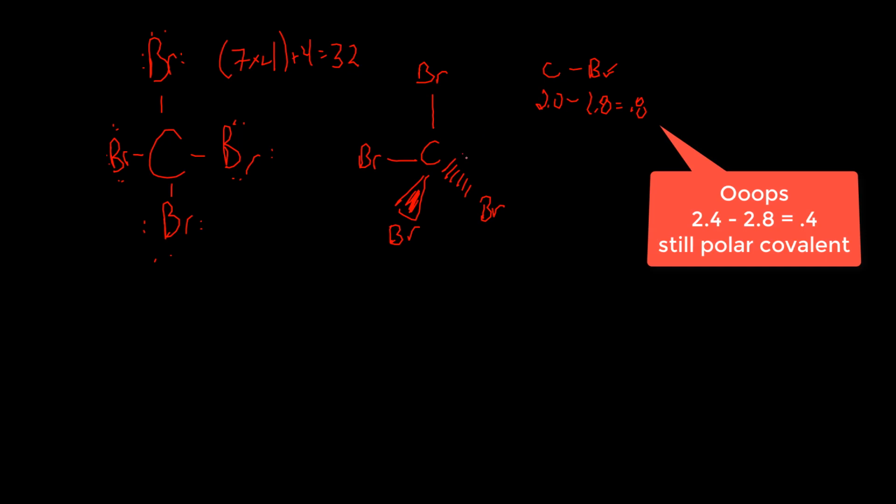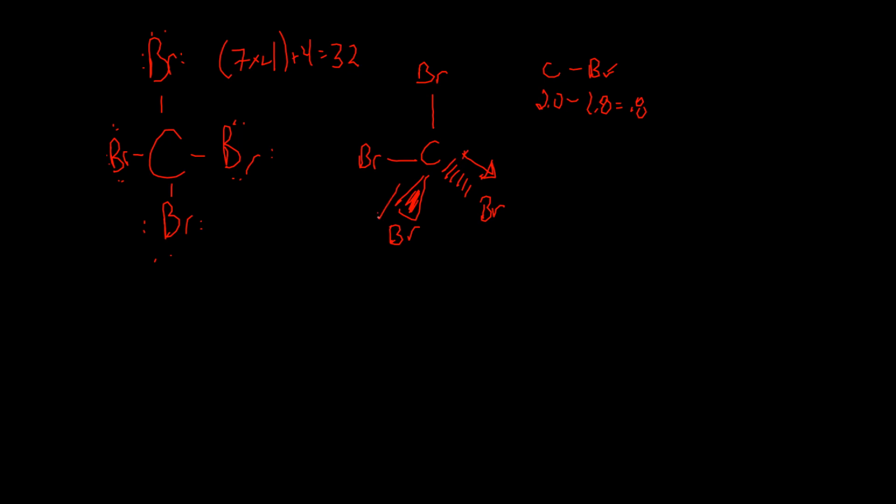That means that the vectors that I draw wind up getting drawn out towards the bromine on all of them. Now, in order to understand how these vectors add up or don't add up, we need to be thinking in 3 dimensions.